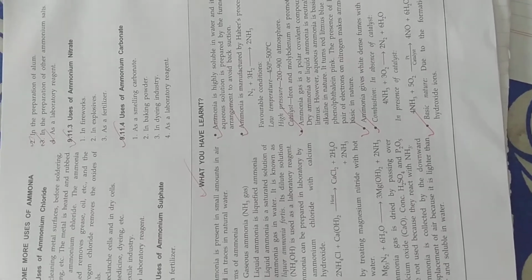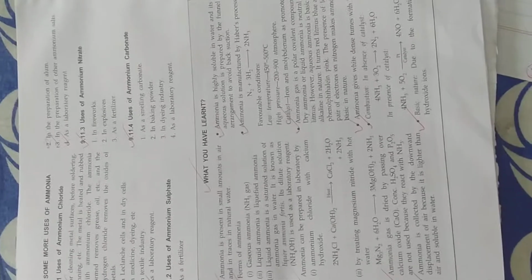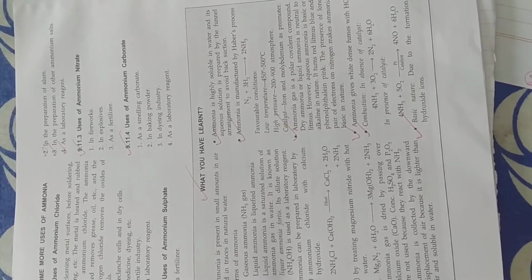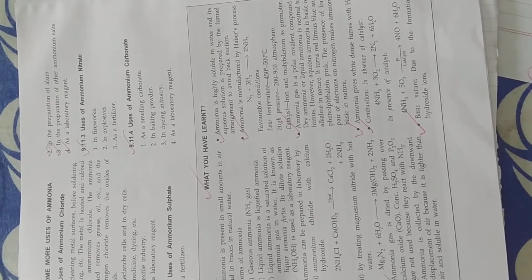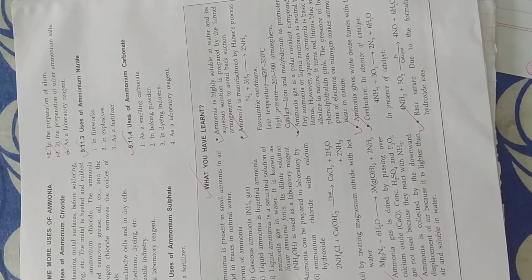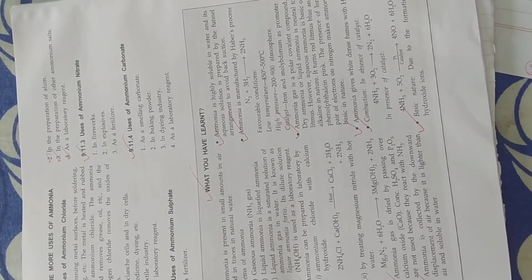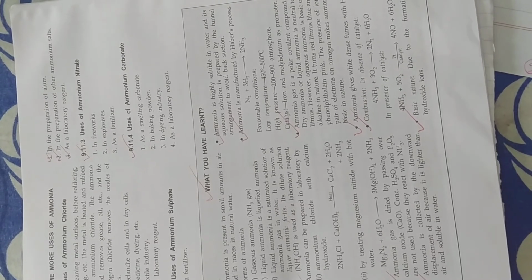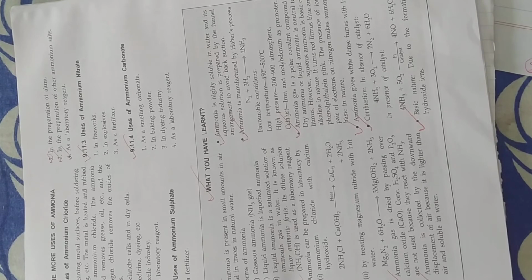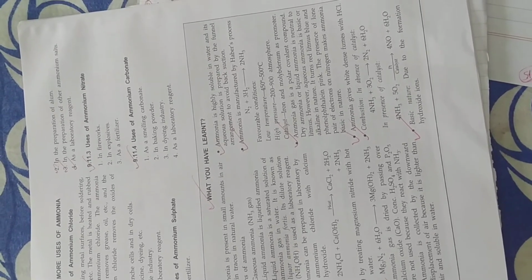So now you will have to write the 10 years questions and answers from the ammonia and HCl chapter, from electrolysis and from the bonding chapter. If you have already written the 10 years question answers, then it's okay, but if you have not yet done them, please do those from the chemical bonding and electrolysis chapters.